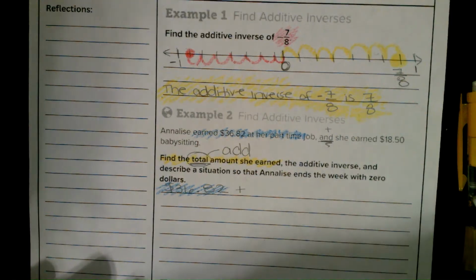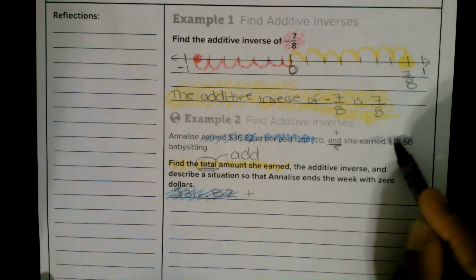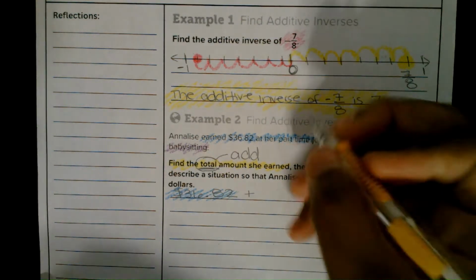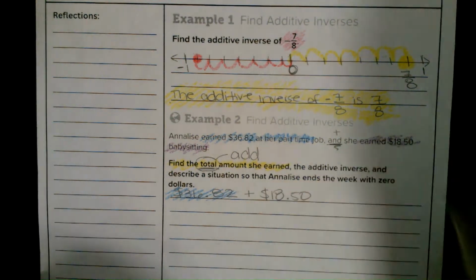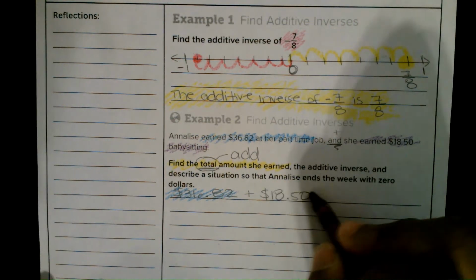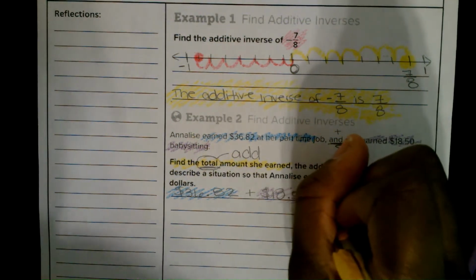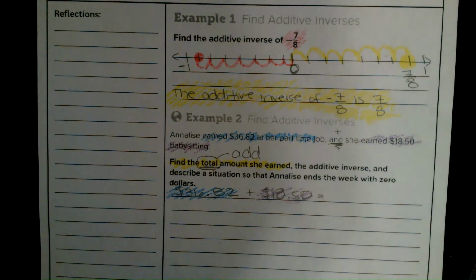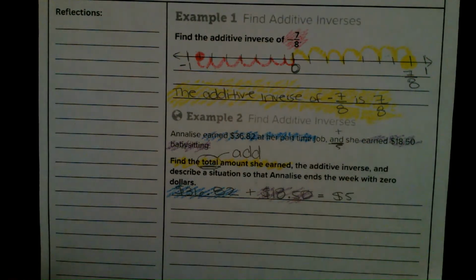It says here that she earned $18.50 babysitting. So I'm going to add $18.50. It's going to give us the total amount of money she earned. When we add these two together, she earned a total of $55.32.